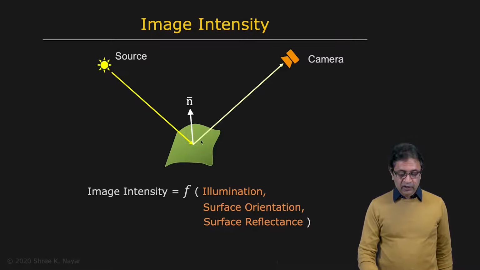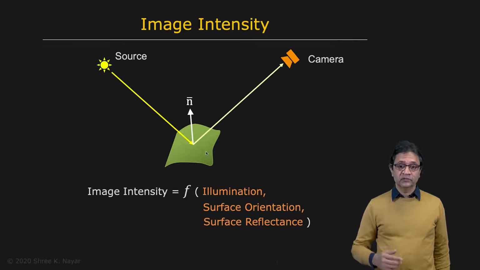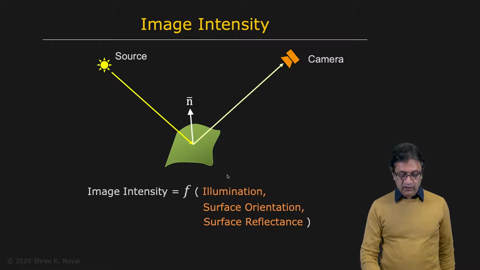And finally, you have the ability of the surface to take light from one direction and reflect it in the direction of the camera. And that's given by what's called the surface reflectance of the material that the surface is made of. And that could have many parameters associated with it. So you quickly see that you have one number on the left-hand side, but you have many unknowns on the right-hand side.